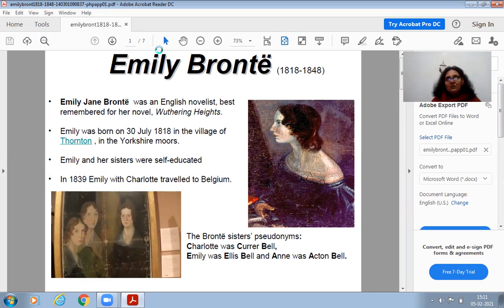So a tutor came to their home to teach them, and almost they were self-educated or taught at home. So Emily was Alice Bell. Her pen name was Alice Bell. Charlotte Bronte was Gerard Bell, and her sister Anne was Acton Bell.